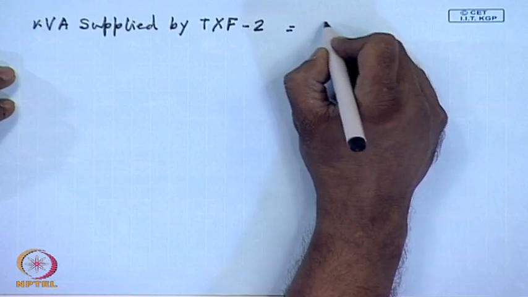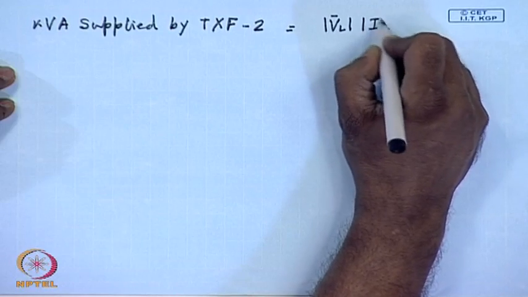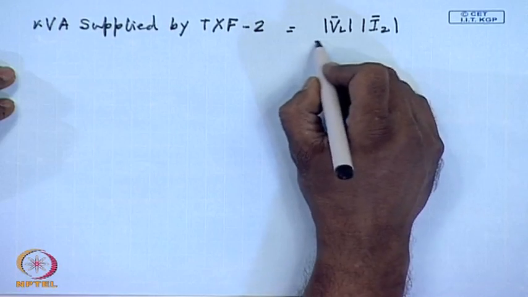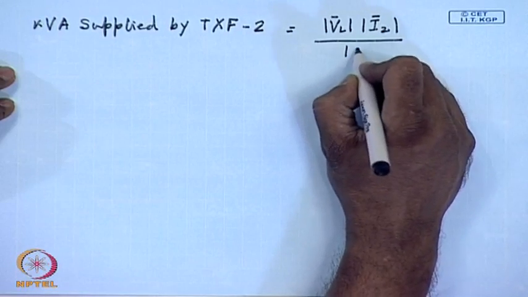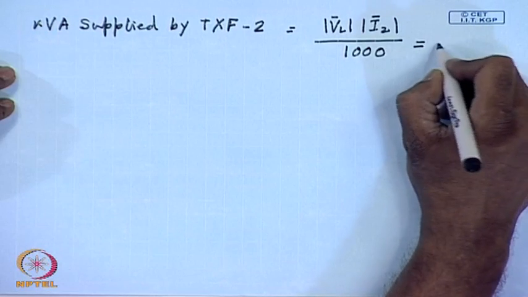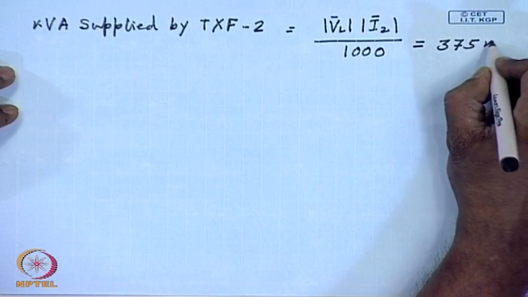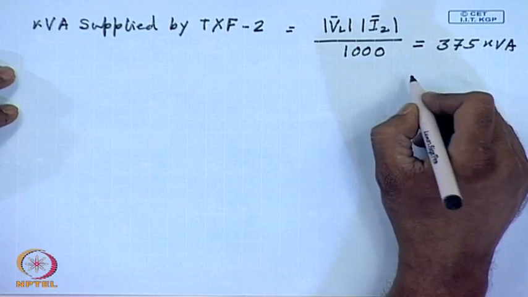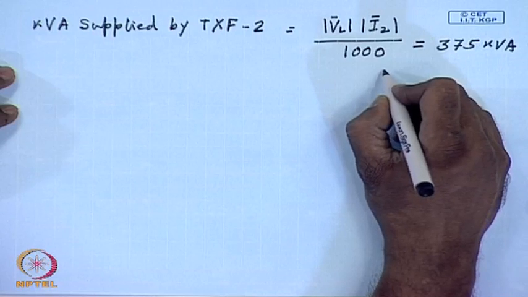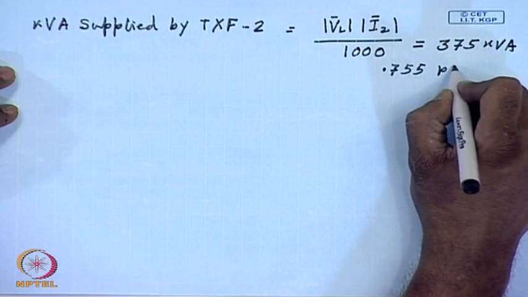This comes to 375 kVA at 0.755 pf lagging.